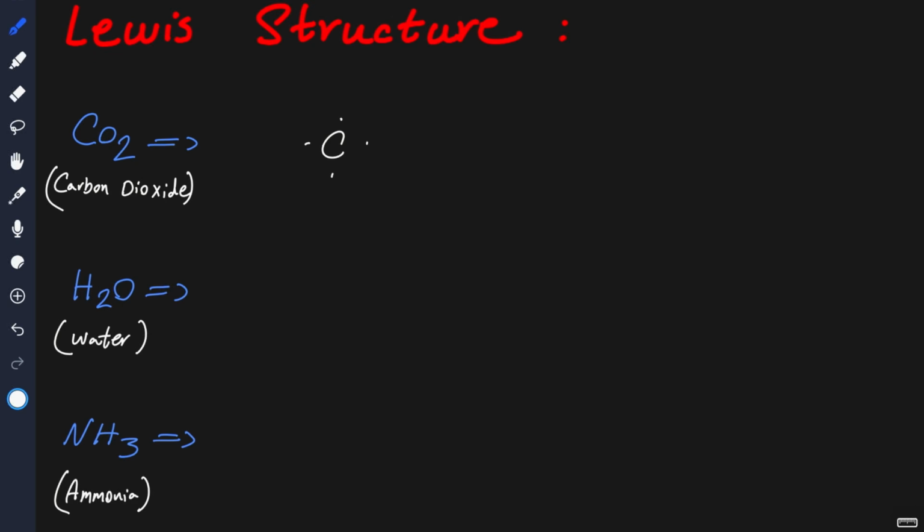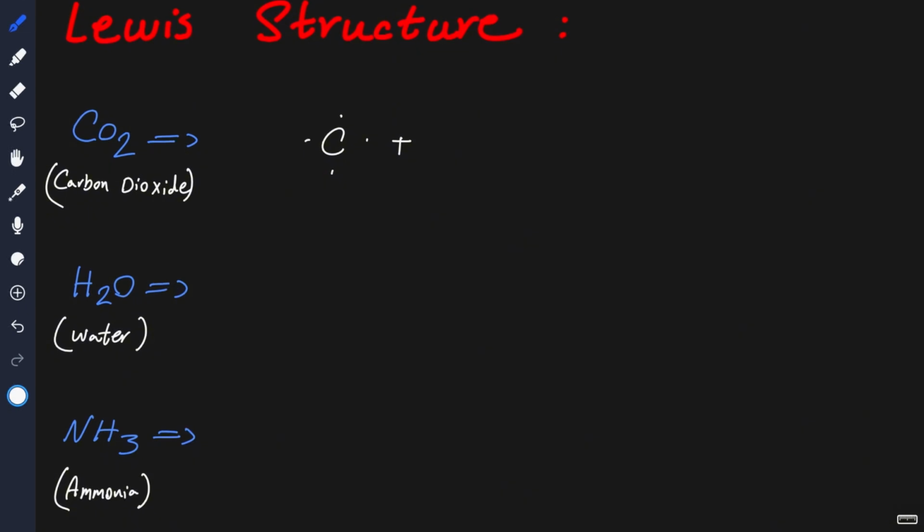And we have two oxygen. Oxygen belongs to group 16, so oxygen has 6 valence electrons, and another oxygen. Carbon belongs to group 14, so it has 4 valence electrons.